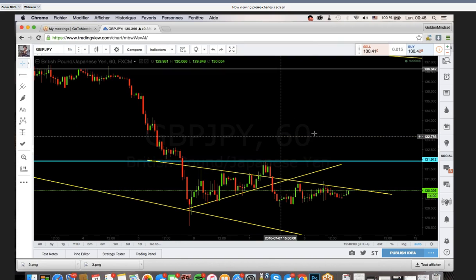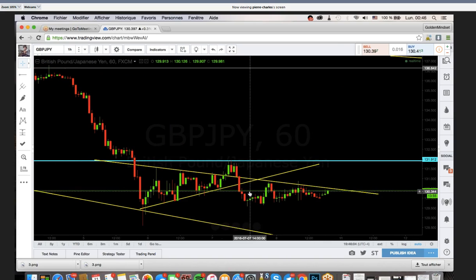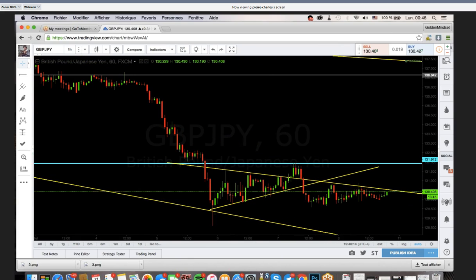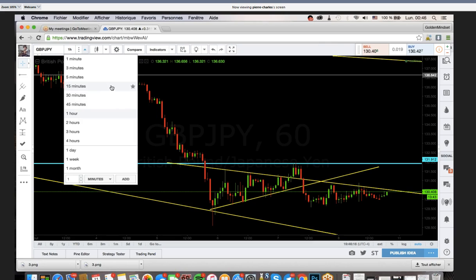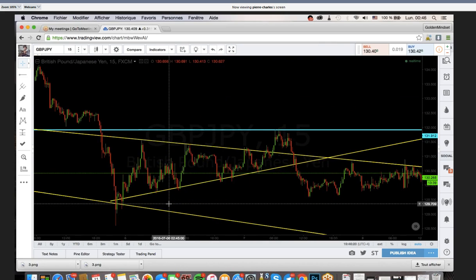But for the sale, I would have put a sell stop around there, around the bearish candle. Let me try to find a better view. Normally I do my entries on a smaller time frame.